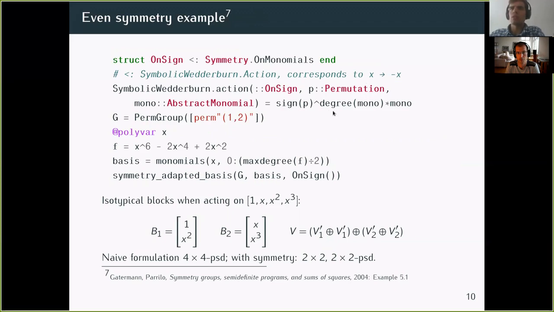So depending on whether it's even or not, we get -1 or not. So if you do that, you get again always the trivial type, and then this other type where they are mapped to minus themselves. And in this case, each type is further decomposed into 2 subblocks. And so because the multiplicity is 2 for each type, we will decompose into 2 by 2.